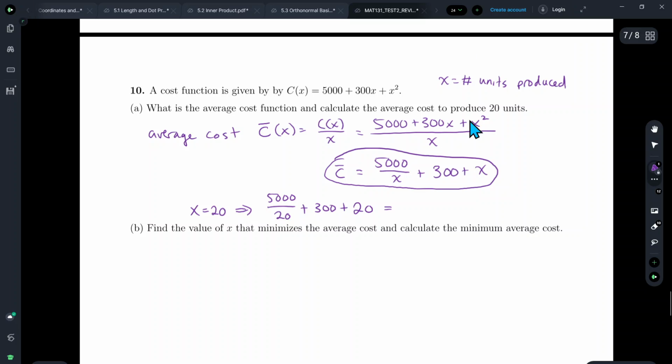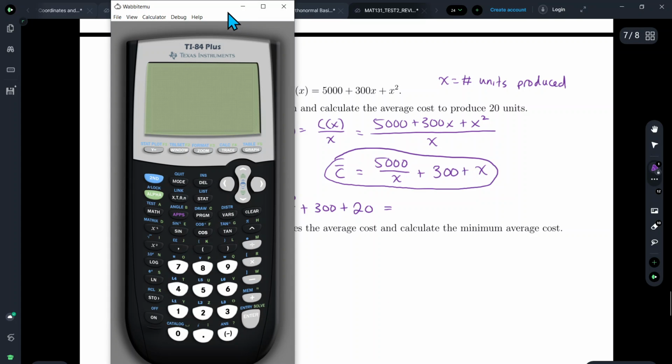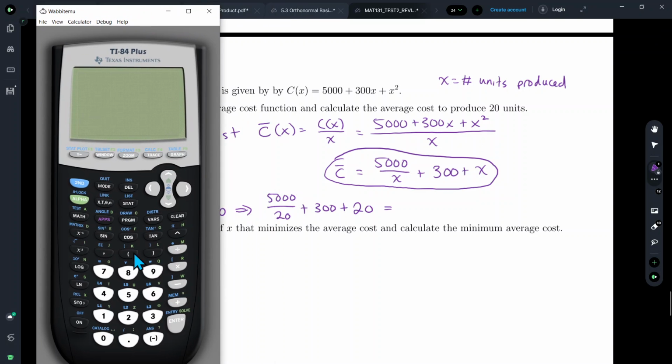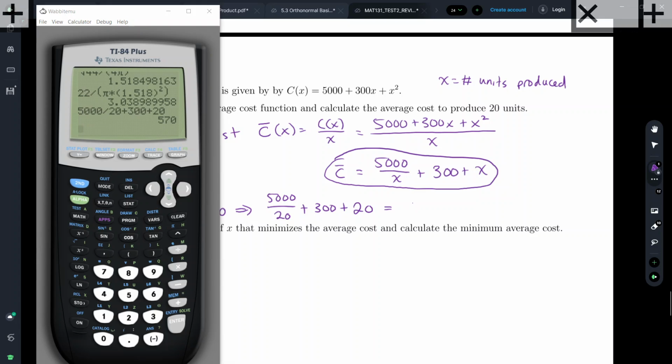So what is this equal to? So calculating this, 5,000 divided by 20 plus 300 plus 20 is equal to 570.